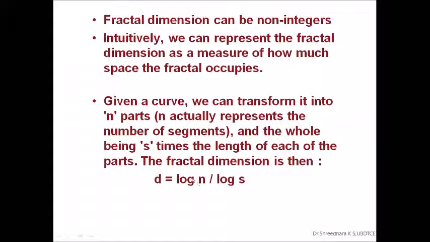That means n = s^d, so you require d. Taking log on both sides, you get d = log n / log s. Using this equation, it is possible to find the dimension of any irregular or fractional object that we observed.